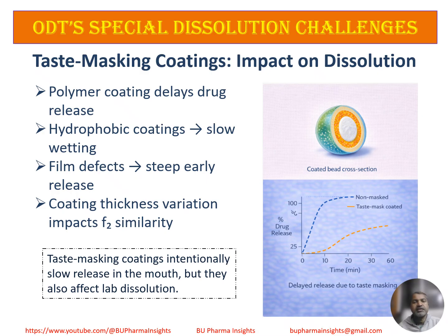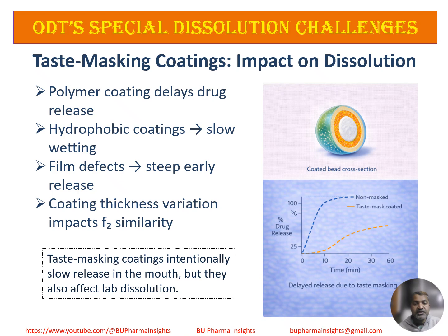Common taste masking and release controlling polymers include Eudragit, HPMC, and ethyl cellulose. These polymer coatings delay drug release, control wetting and diffusion, and directly affect the dissolution profile. Hydrophobic coatings slow wetting and delay drug release. Film defects or thin areas cause steep early release and risk of breakthrough.